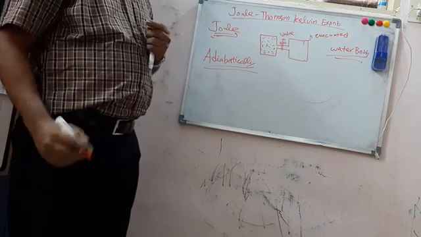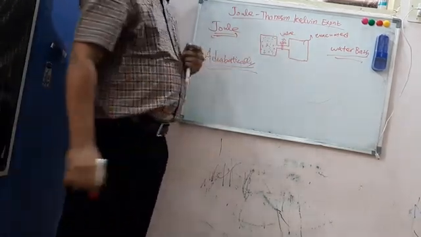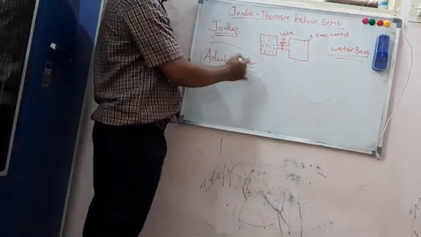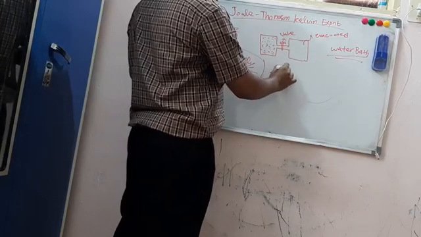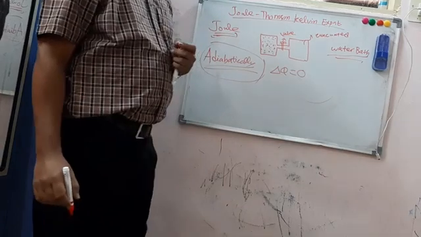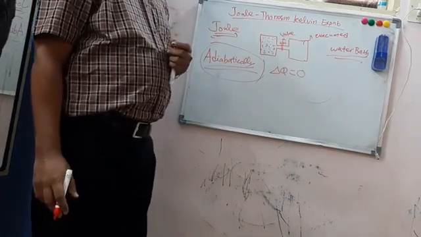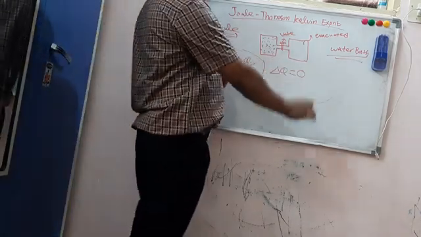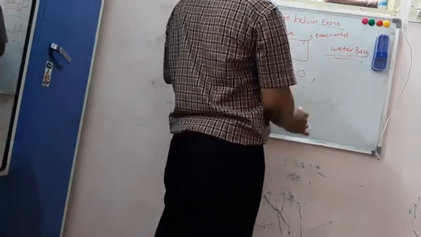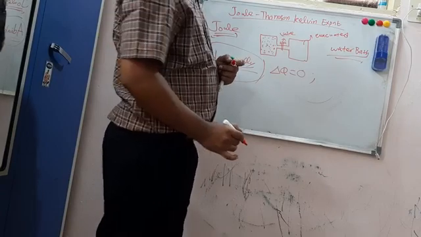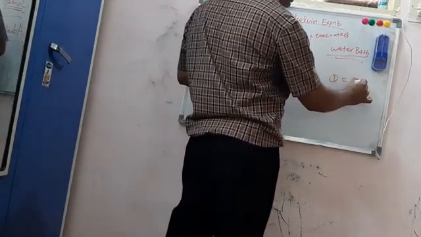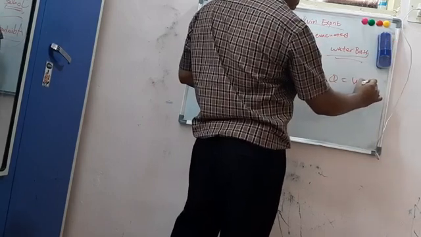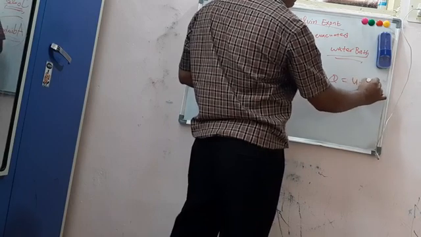When he allows the compressed, high pressure gas to pass into the vacuum, that is, allows it to expand, the gas expands adiabatically. For an adiabatic process, the change in heat energy is zero. It means no heat enters the system nor leaves the system. According to the first law of thermodynamics, Q is equal to U plus work done.